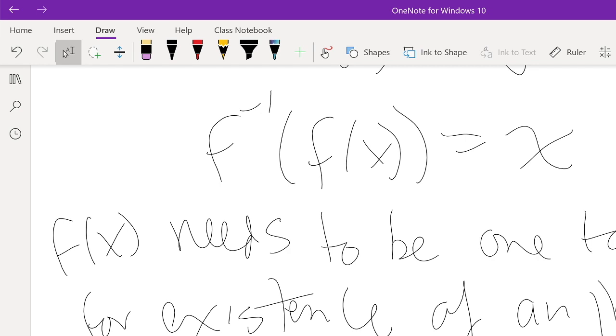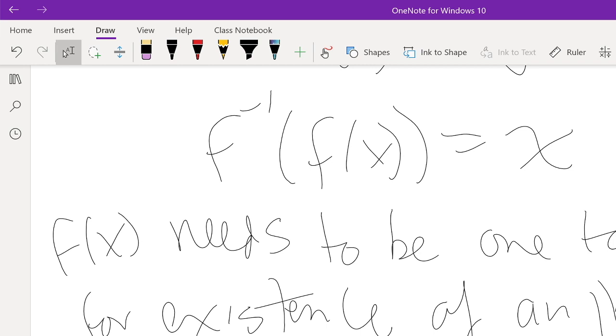Now, if you recall from pre-calculus or any other algebra course, we defined a function to be that each input had exactly one output. The outputs did not have to be unique for each input. A different input could be mapped onto the same output. Think of the constant function, maybe y is equal to 3.